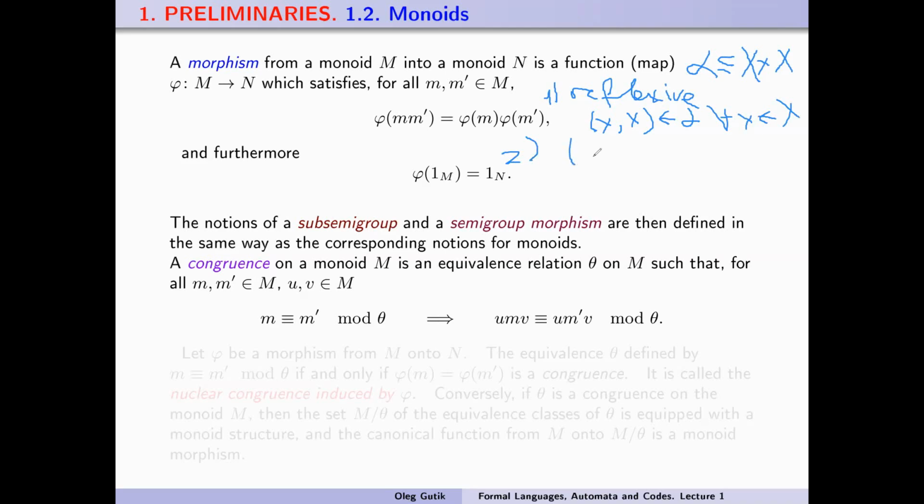If (x, y) belongs to alpha, this implies that (y, x) belongs to alpha.